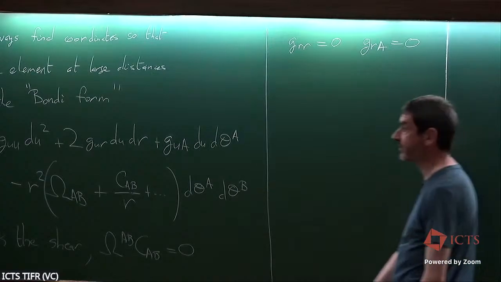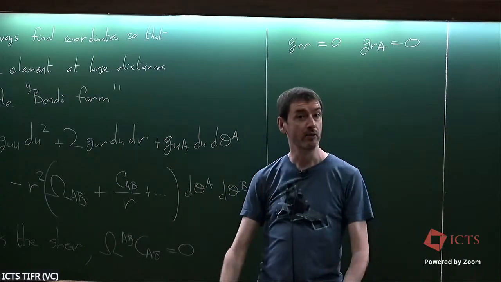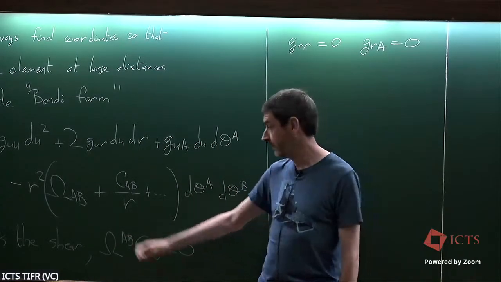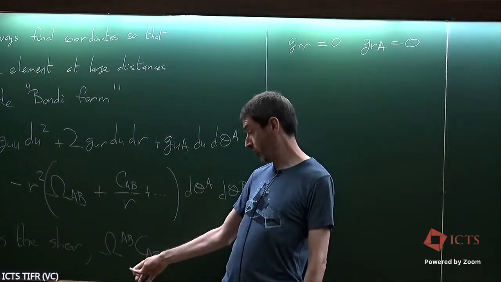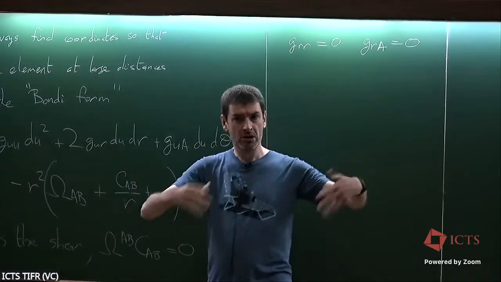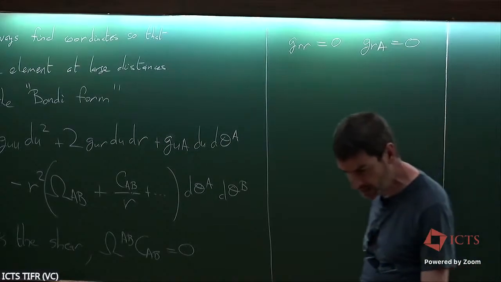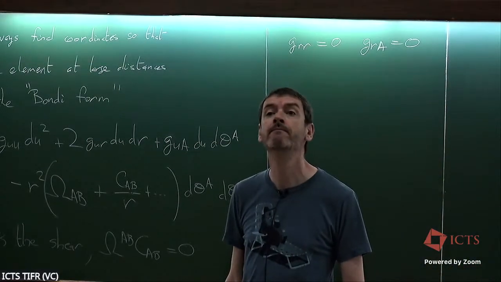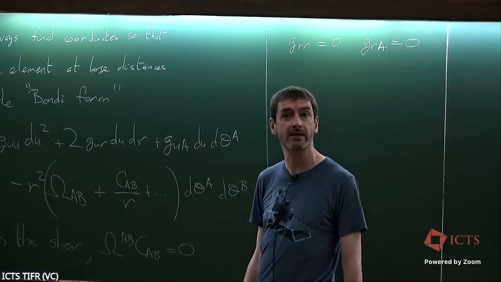So the modes of the metric that are transverse to the sphere are the ones that we associate with gravitational waves. So they're inside this C_AB. So you just think of it as a transverse traceless part of the metric. These other things here are somehow Coulomb terms, if you want, non-radiative terms. Well, I'm working in 4 dimensions, so this is a 2-sphere.